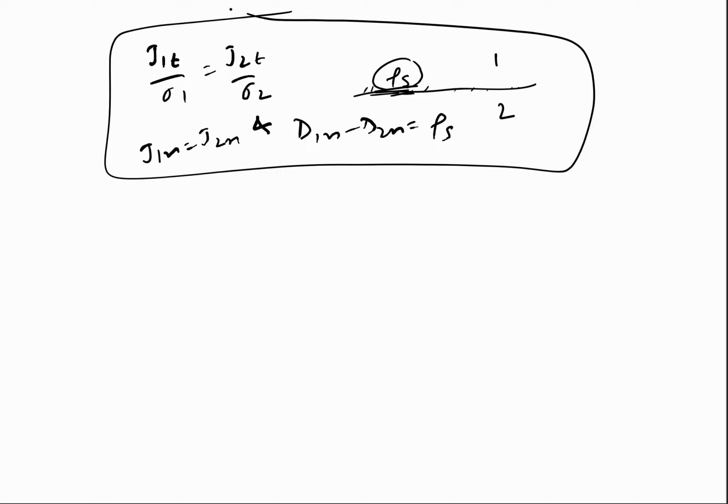So you see that in this way we can find the surface charge density on the interface between two conducting media of different relaxation time constants.